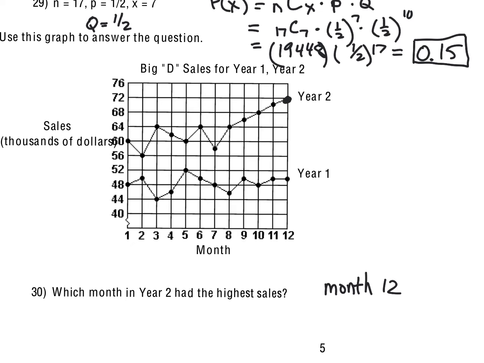Question 31 says, what were the total sales of the first 6 months of year 1? So that would be 48 plus, here that's about halfway, so that's 50. Then we're going to add 44 plus halfway, so that's 46.